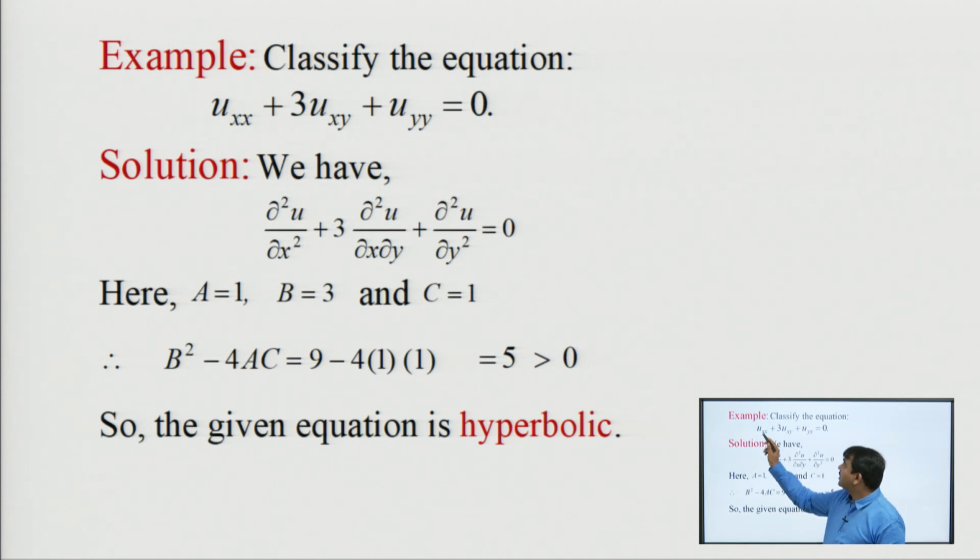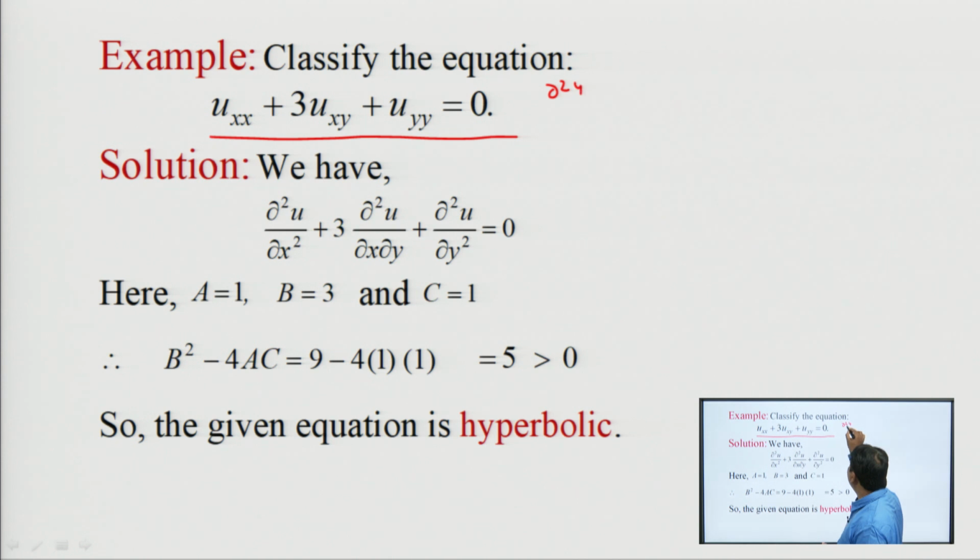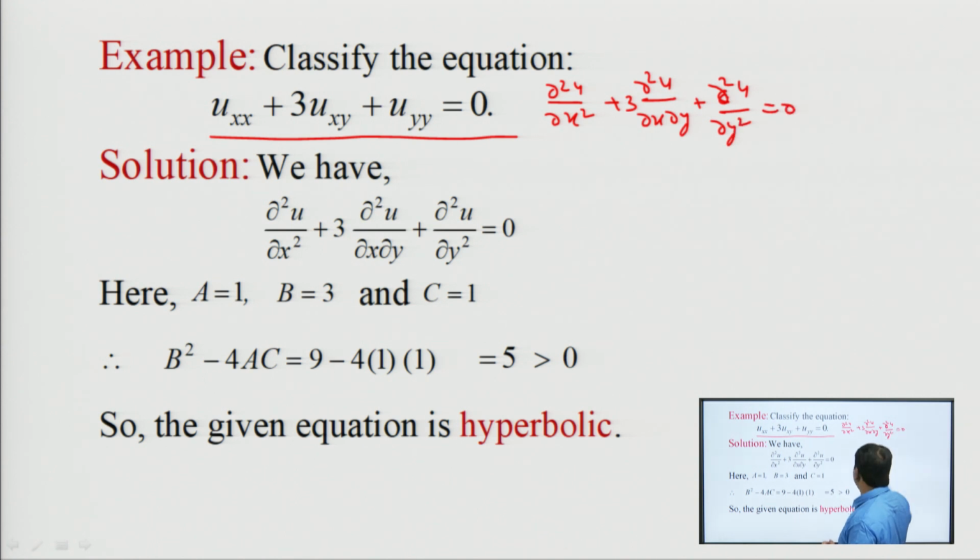Now, let us classify this differential equation u_xx + 3u_xy + u_yy = 0. That is, ∂²u/∂x² + 3 ∂²u/∂x∂y + ∂²u/∂y² = 0.